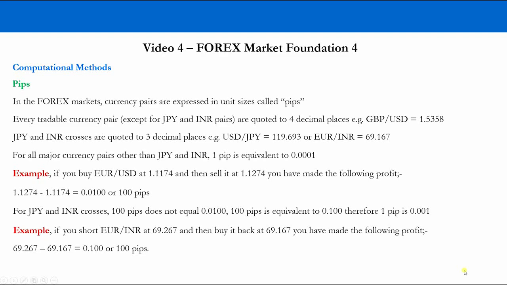Now, it's important to appreciate and understand pips and pip values because when you're sitting at your computer screen on your retail Forex broker trading platform, you're going to see everything expressed in terms of the left to right convention and expressed in unit sizes of pips.